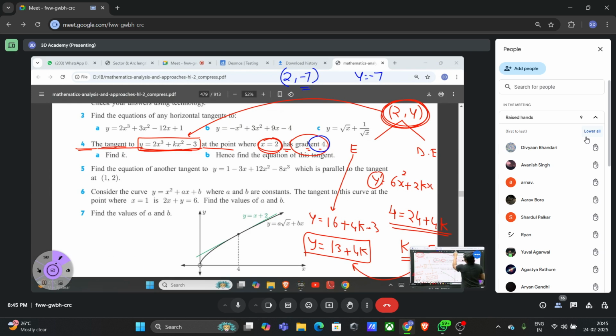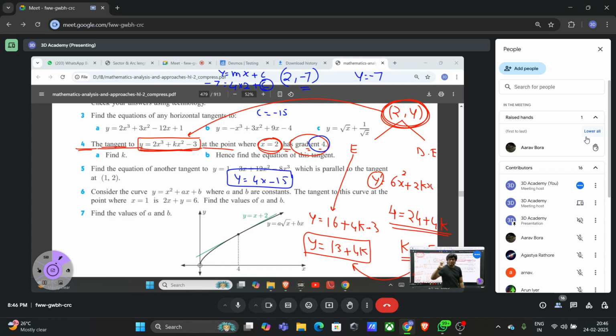Now y equals mx plus c. Here y is minus 7, m is 4, x is 2, plus c. Won't you get the value of c? So c comes out to be minus 15. So your equation of the tangent is y equals 4x minus 15. How many of you understood it? Please raise your hands. And how many of you reached till here?